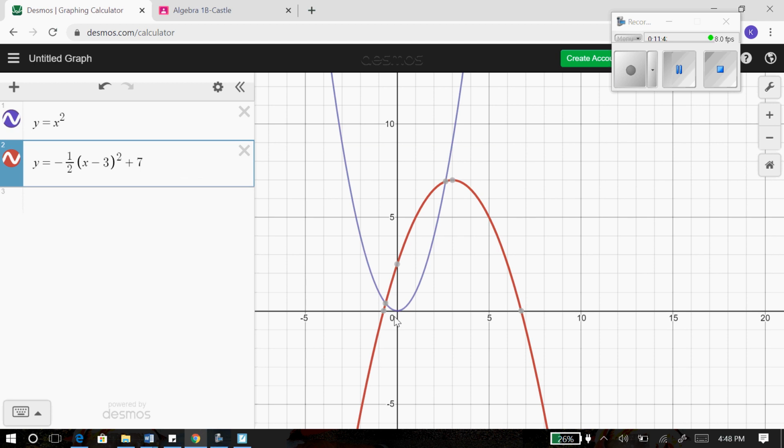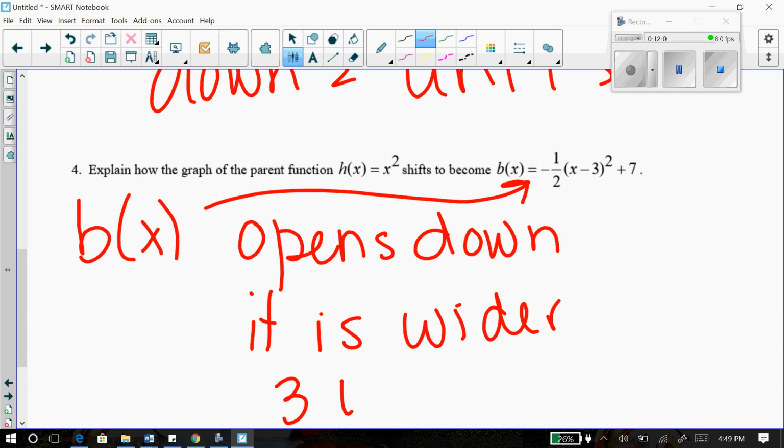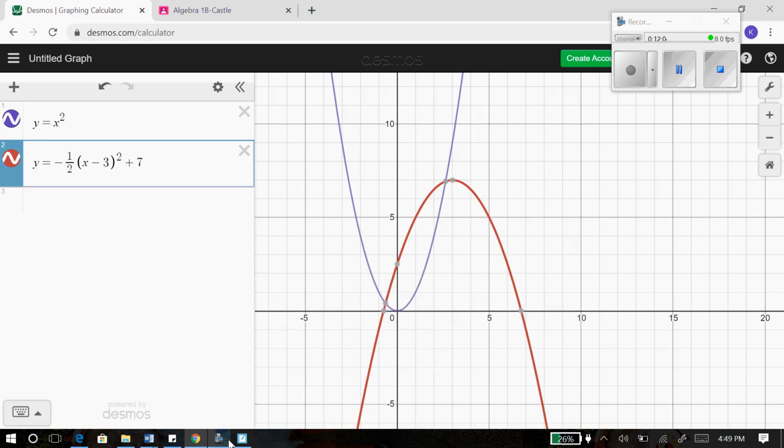It moved. So from vertex to vertex, this one moved over 1, 2, 3 to the right and up 1, 2, 3, 4, 5, 6, 7. So we went 3 units right. Again, go from vertex to vertex, even if you want to go up first and then over. So I went up 1, 2, 3, 4, 5, 6, 7, over 1, 2, 3.